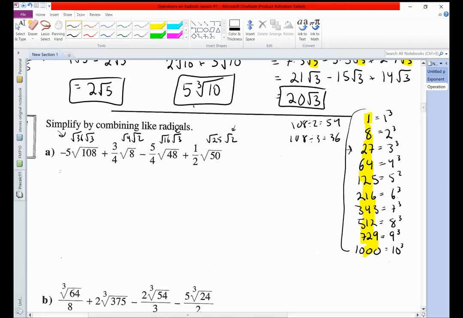We've got -5 root 36 root 3 plus 3/4 root 4 root 2 minus 5/4 root 16 root 3 plus 1/2 root 25 root 2.